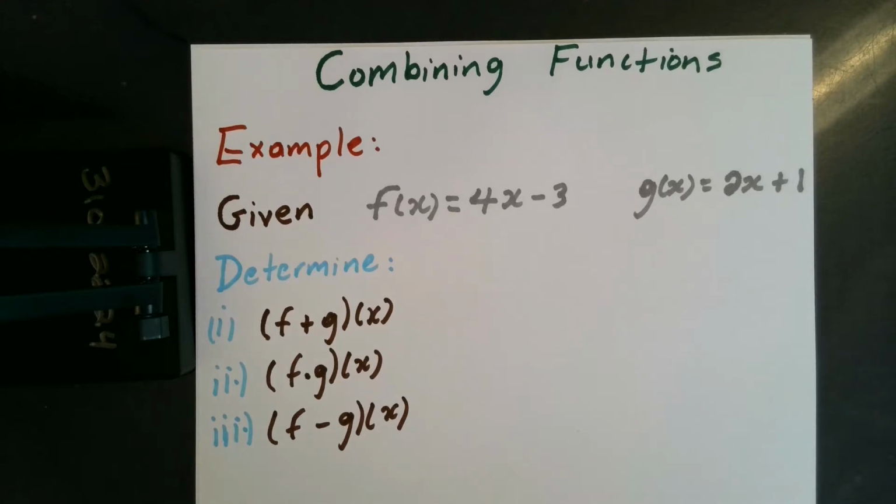I would advise you to watch the first video that I created on combining functions using subtraction, addition, and multiplication. Okay, we have two functions here. f of x is equal to 4x minus 3, and g of x is equal to 2x plus 1.